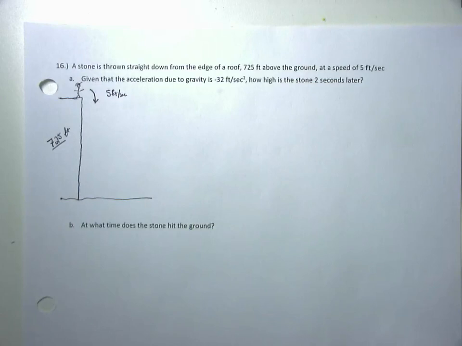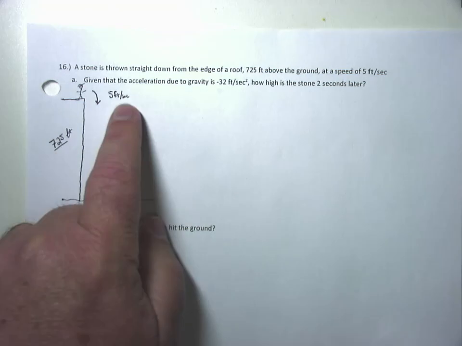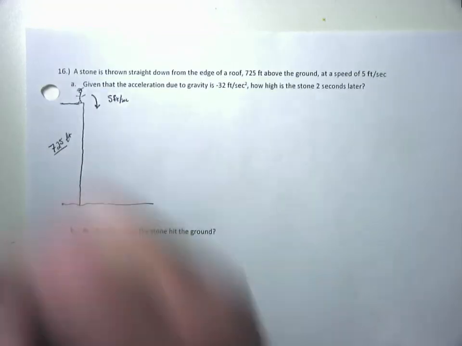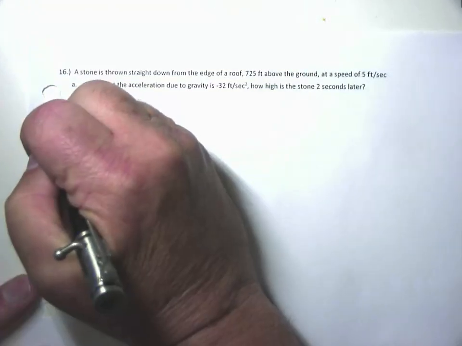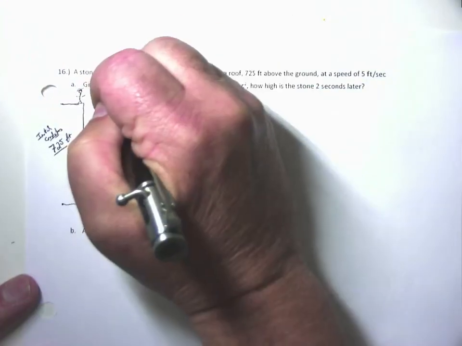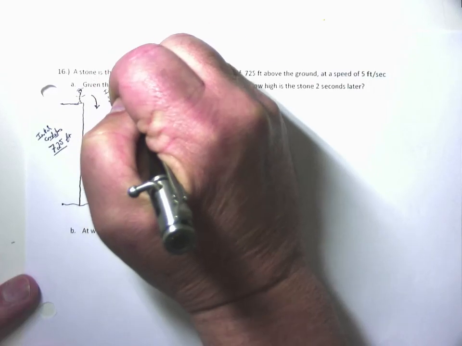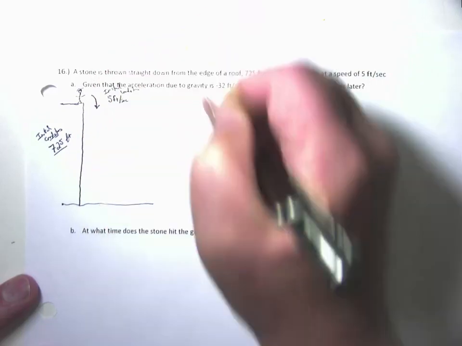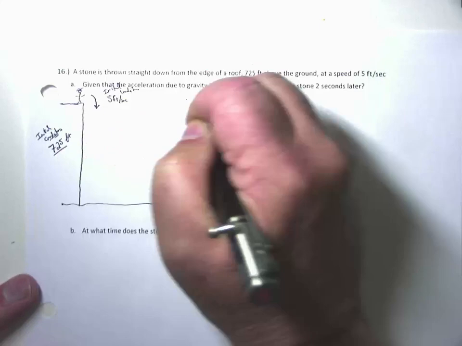Let me stop there for a second and describe to you exactly what's going on. The 725, notice the units is in feet. And that is where the stone is right at the beginning before it started to move, right? These guys are initial conditions. That's the way you look at it. Initial conditions, which tells me this is a distance, position.